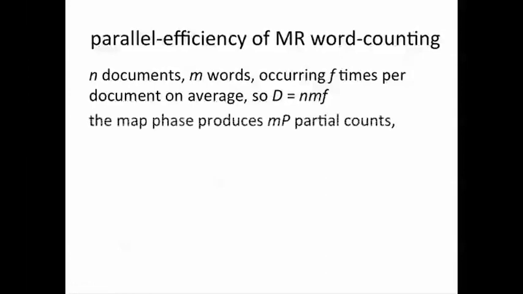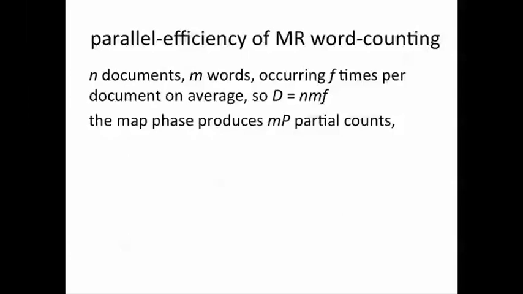Now, after the map phase, using combiners, we produce p times m partial counts, that is m different partial counts per mapper, and there are p mappers. At worst, there will be mp partial counts. Some mappers may not produce counts for words which don't occur there, but we don't worry about that.